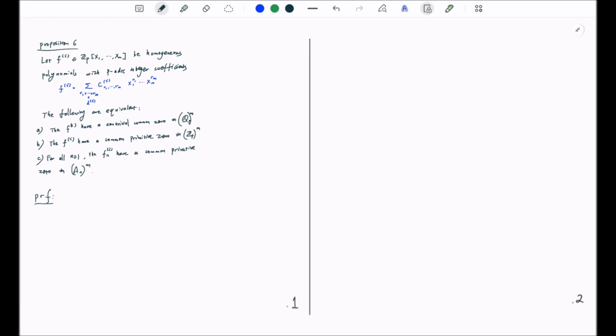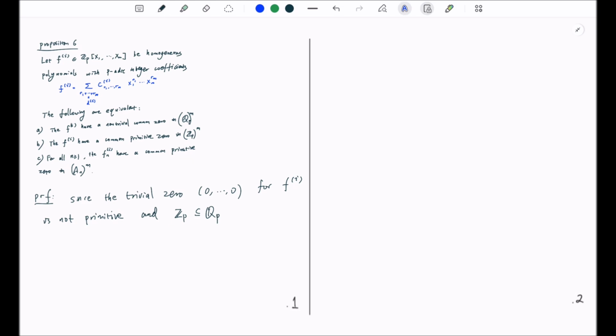By definition, the trivial zero for f^i's is not primitive because 0 is not invertible. And Z_p is contained in Q_p.